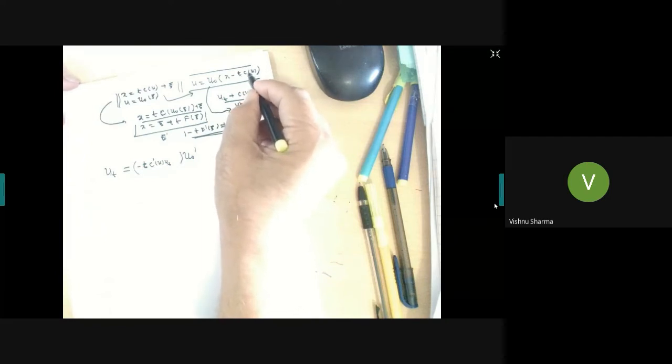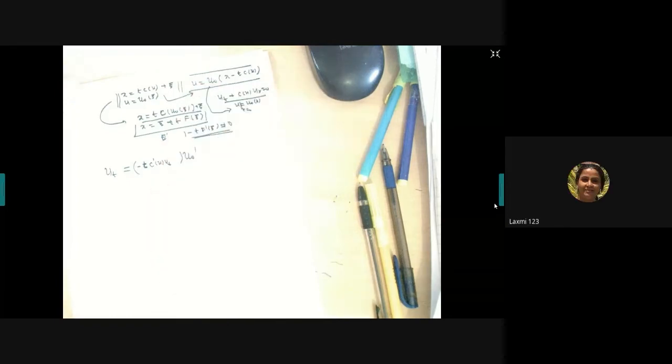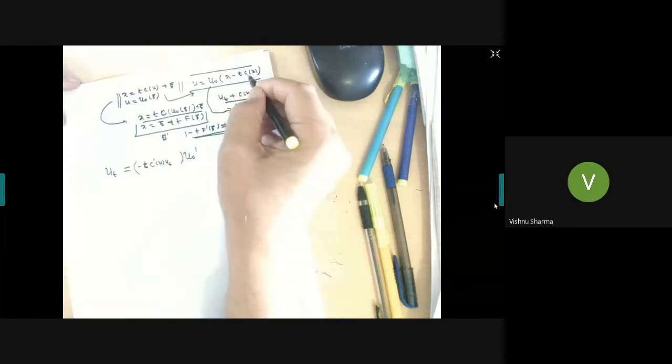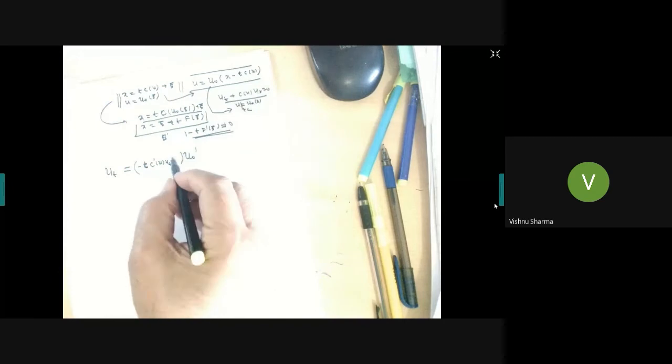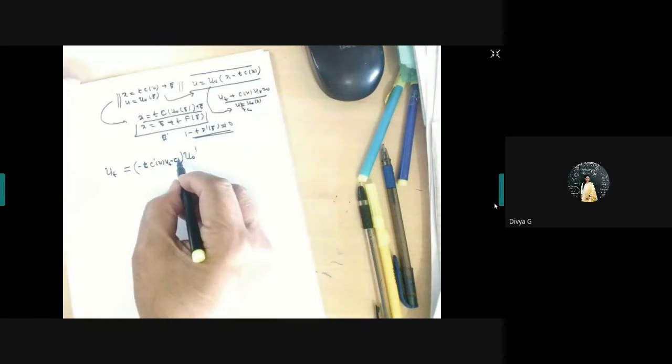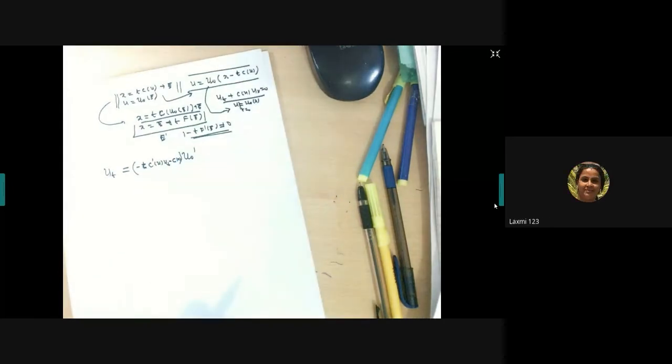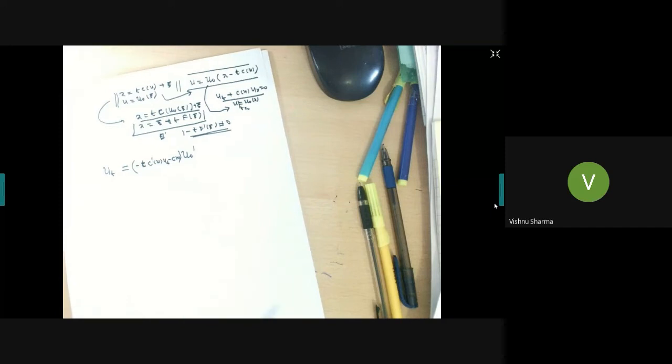So c is a function of u, in turn u is a function of x and t, so chain rule. Is that right? Yes, sir. One more term, that is minus c of u. Please check, is it correct?